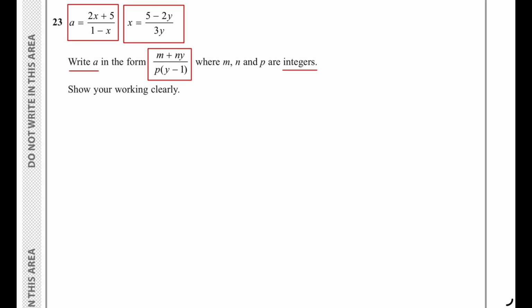Okay, so we have A equal to 2 times 5 minus 2y over 3y plus 5, divided by 1 minus 5 minus 2y over 3y.